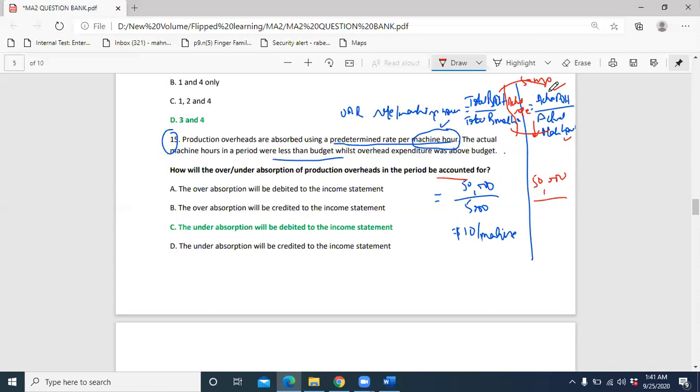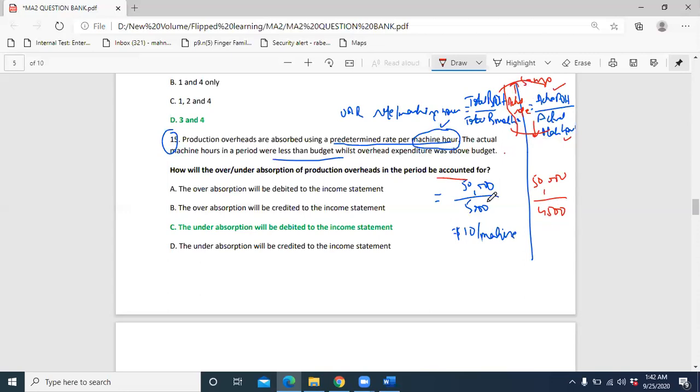I told you if any one of these factors is changing, it will have a different standard OAR and actual OAR, and it will cause under and over absorption. And here, actual machine hours are less. What would happen if actual machine hours are less? My actual rate would be more.